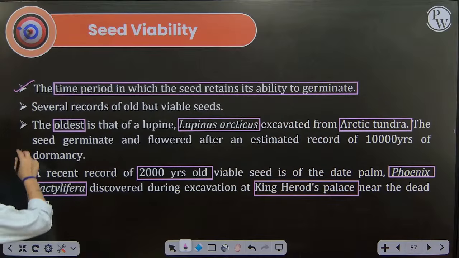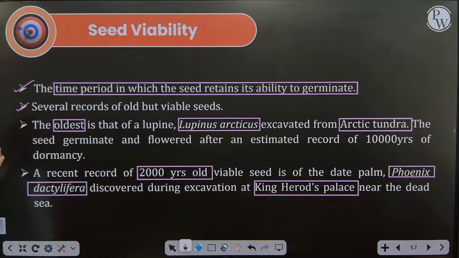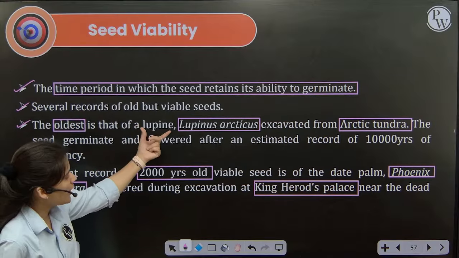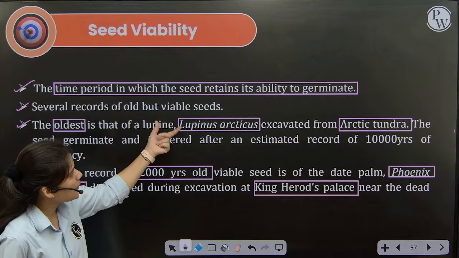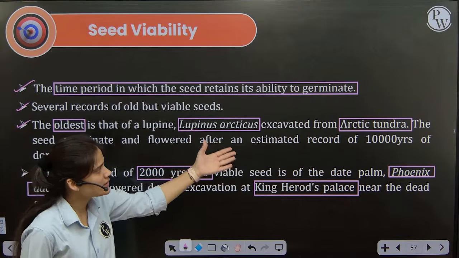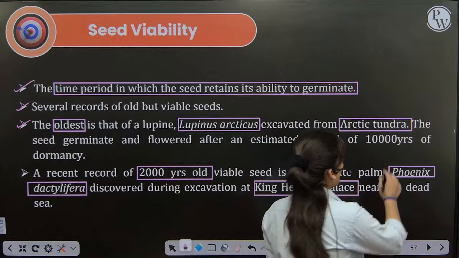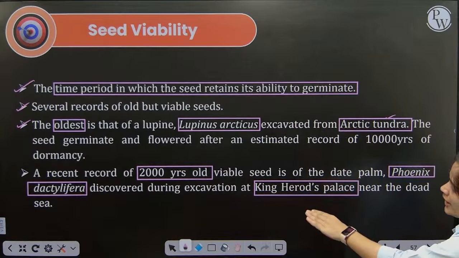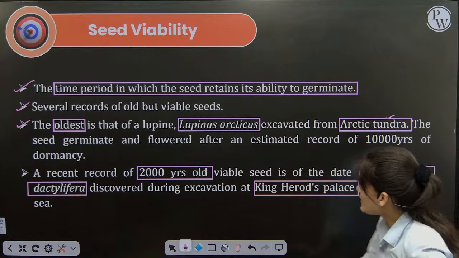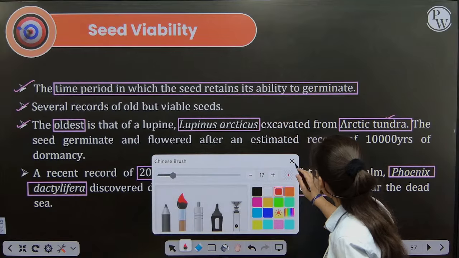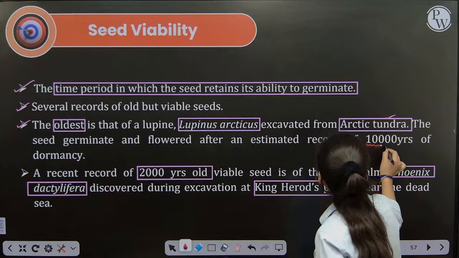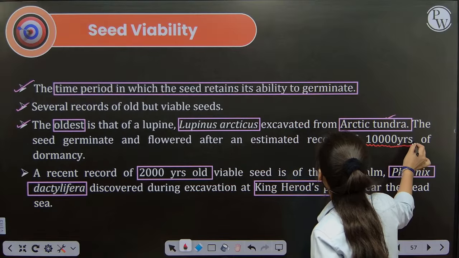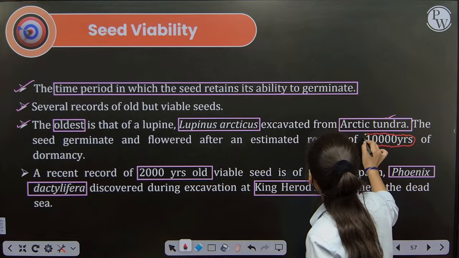Several records of old but viable seeds are there. One of the oldest is of lupine. The scientific name of that lupine is Lupinus arcticus, which was excavated from the Arctic tundra. This seed germinated and flowered after an estimated 10,000 years of dormancy.